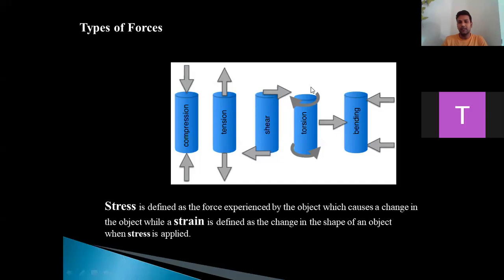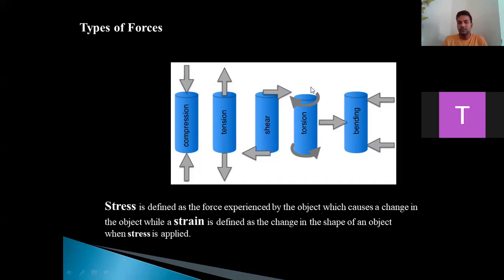You can observe the various arrows. These arrows indicate the direction of the forces. In compression and tension, the arrows are different. In compression, they are towards each other, whereas in tension, they are away from each other. In shear, though they are away from each other, they are acting on different points.